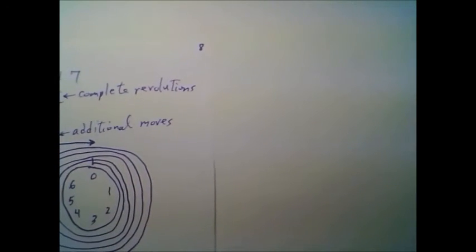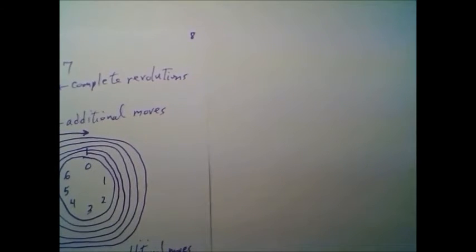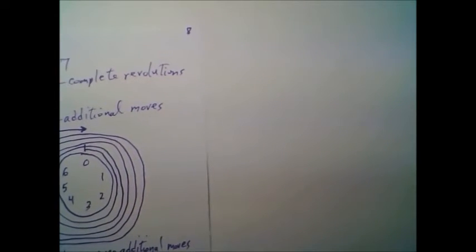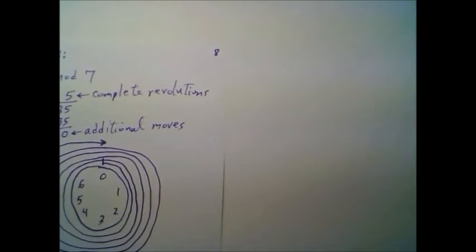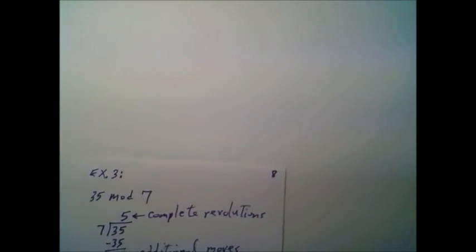All right, let's look at our final example. In our final example, we had 35 mod 7. We had to figure out what 35 is equal to in mod 7.